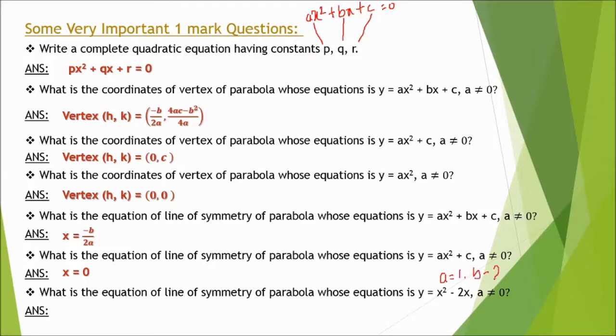C is missing, and we have the formula x is equal to minus b by 2a. The value of b is minus 2 and a is 1, so x is equal to 1 is the equation of the line of symmetry. Now these are very short questions of 1 mark. Let's move to another slide.